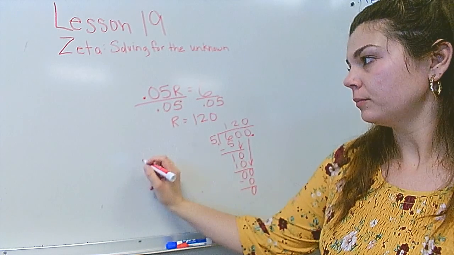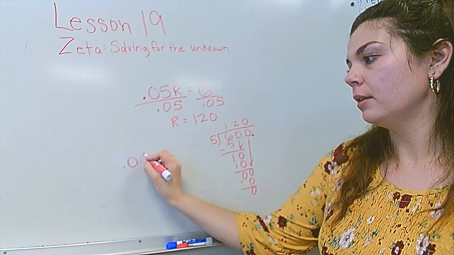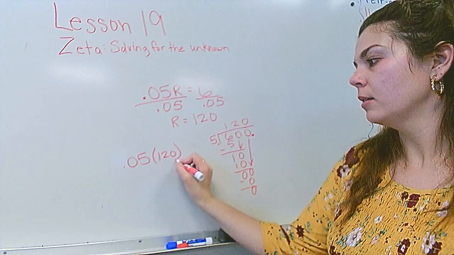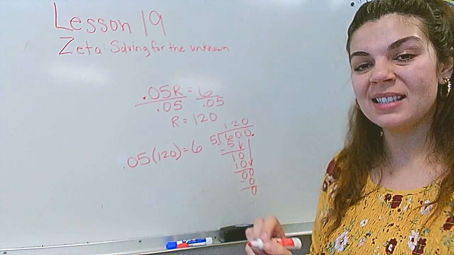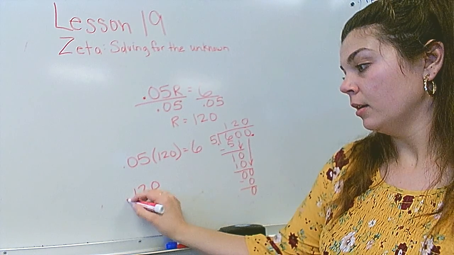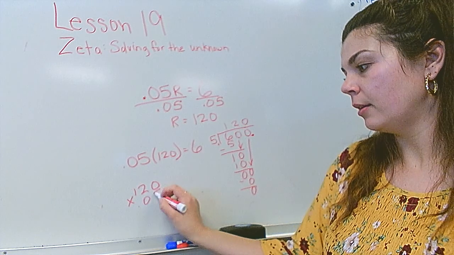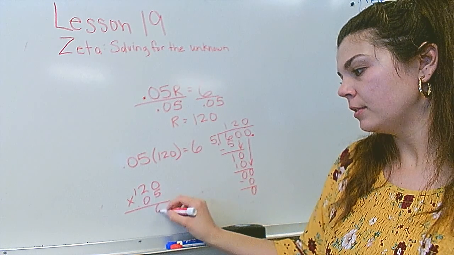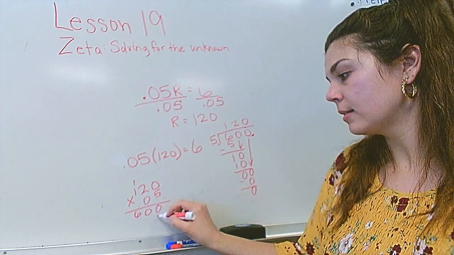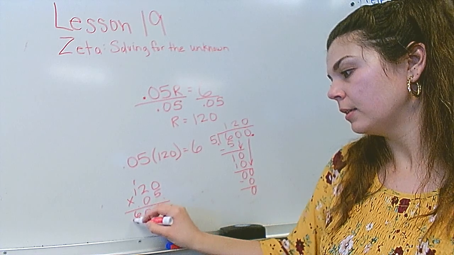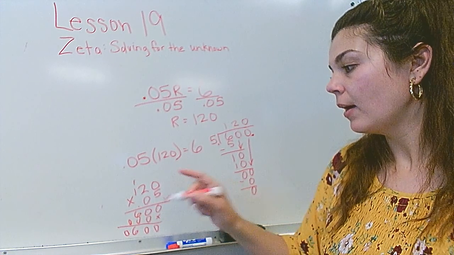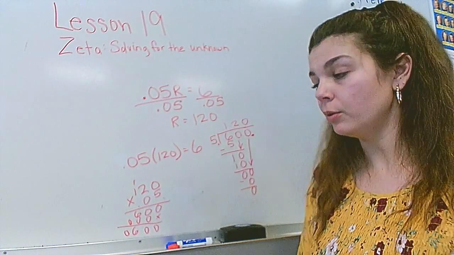Let's plug it in. So 0.05 times 120 equals 6. Alright, 120 times 0.05. How many times over does my point move?